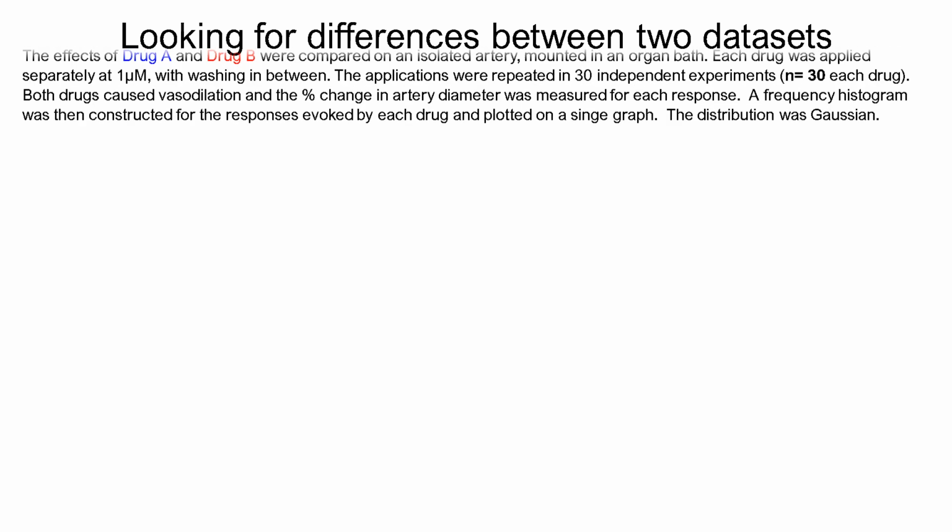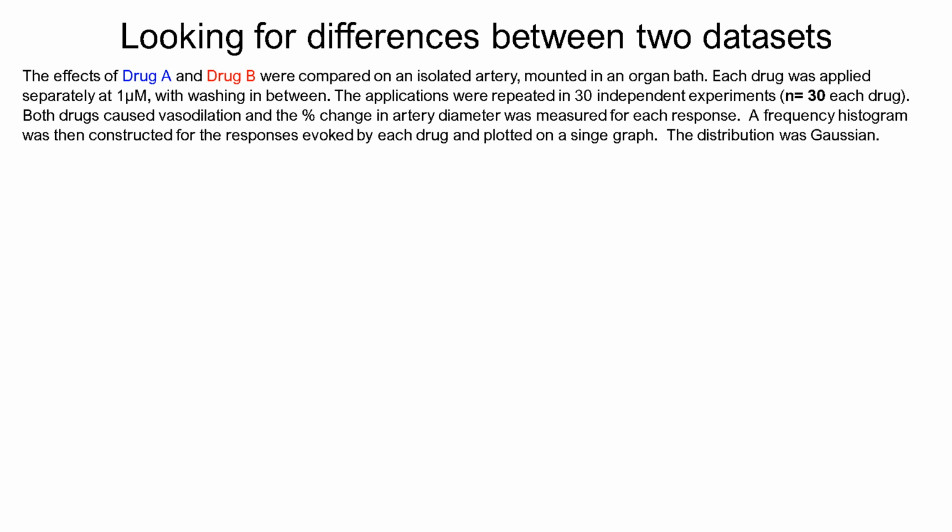So far, we have looked at the distribution of a single set of data, but experiments compare sets of data, and each set is subject to variation. Now let's consider an experiment that compares 2 variables. So 2 vasodilator drugs, drug A and drug B, were compared on an isolated artery in an organ bath setup.